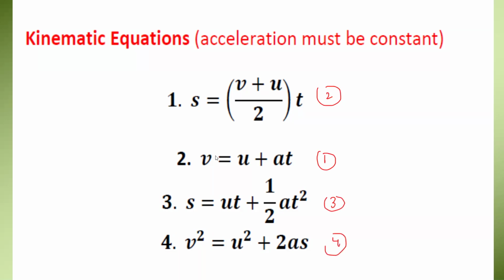So we got the first equation of motion by acceleration. We got the second equation by average velocity. We got the third equation by using the first equation, and we got the fourth equation by using the second equation.